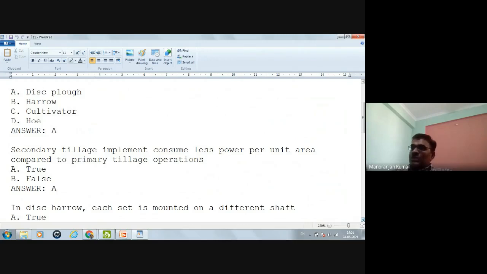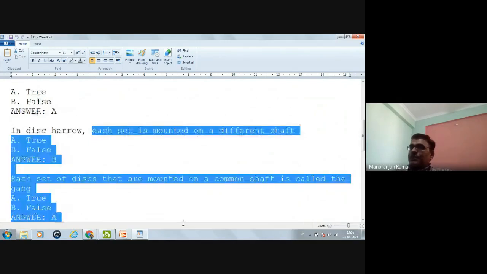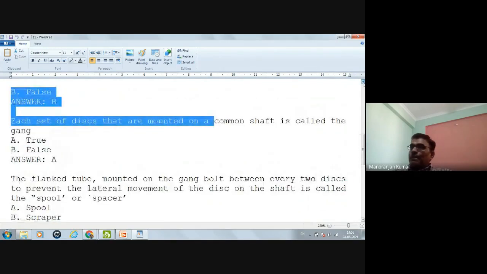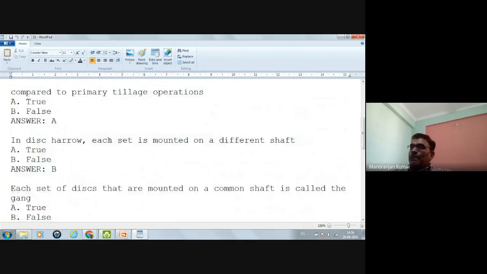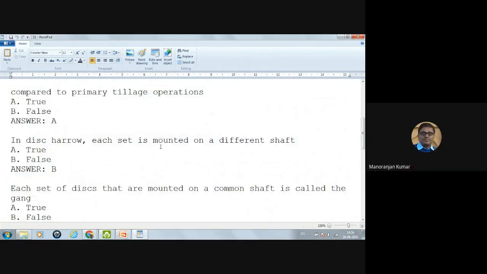Each set means in one set a number of discs will be there. So each set is mounted on a different shaft. No, it is false, because each set is mounted on a single shaft, and that shaft is known as the gang shaft. So this is the incorrect sentence. So D is the answer.